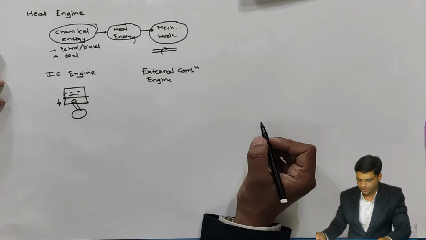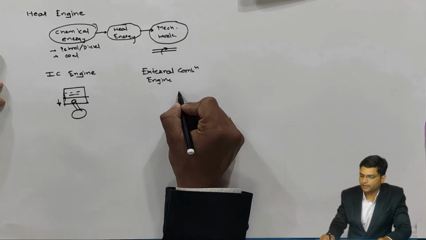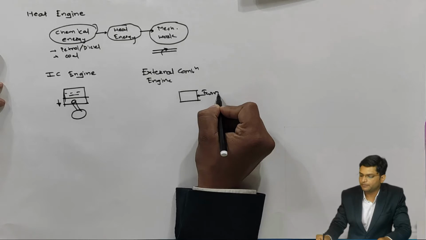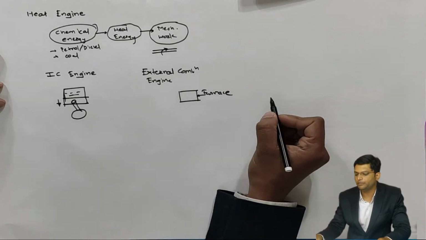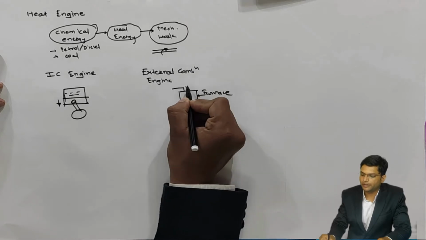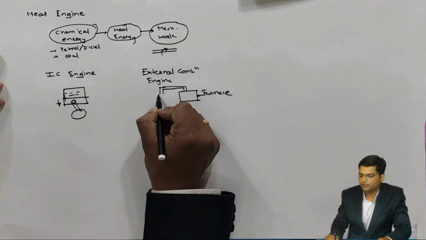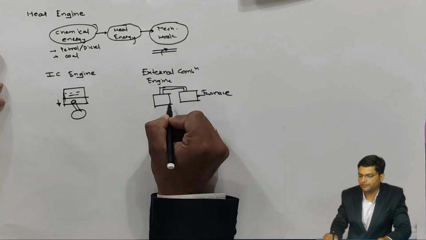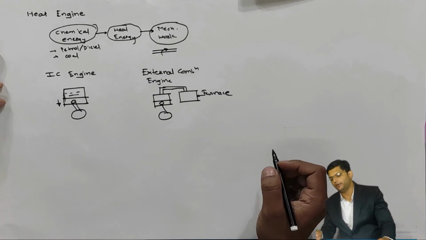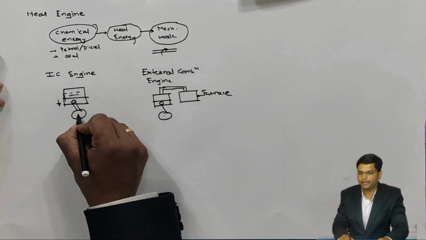Whereas in the external combustion engine, a furnace is used to burn the fuel, and those gas products are supplied to the piston cylinder arrangement, and then the piston cylinder arrangement with a connecting rod to crankshaft converts it into mechanical energy.